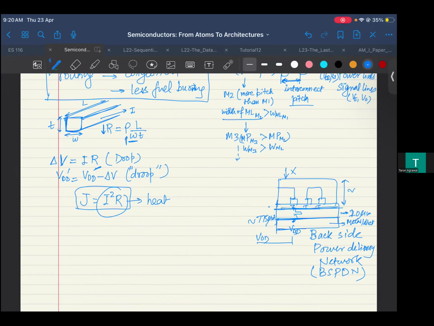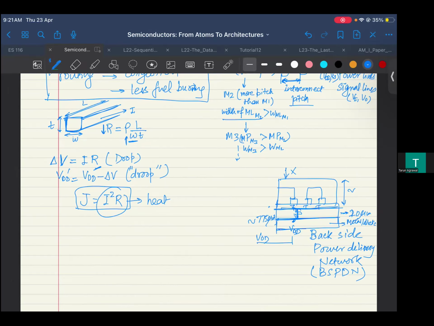Metal is a very good conductor of heat, with very high thermal conductivity, but dielectrics are not. So that means there is some problem because of heat you could have on this backside network because of the thinning down of silicon. And this is one of the active areas you can look at: how much it is increasing, how can we optimize it, and all of that.